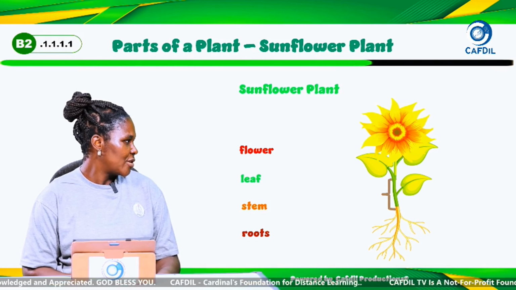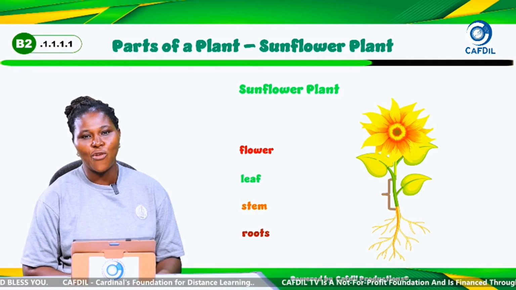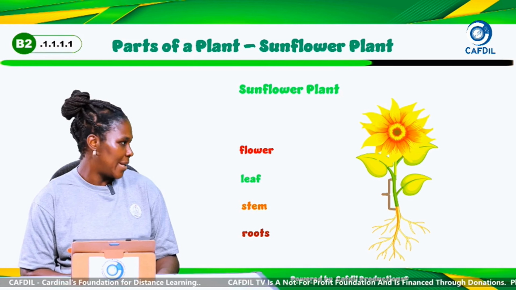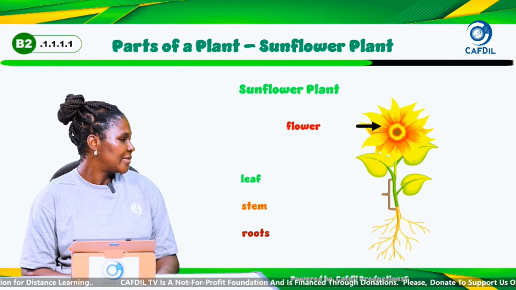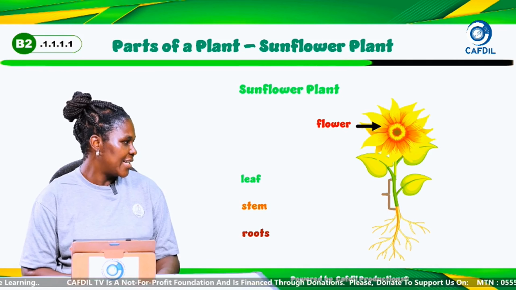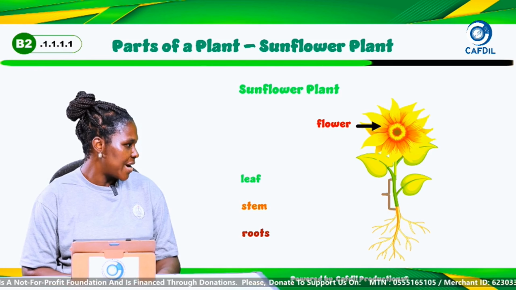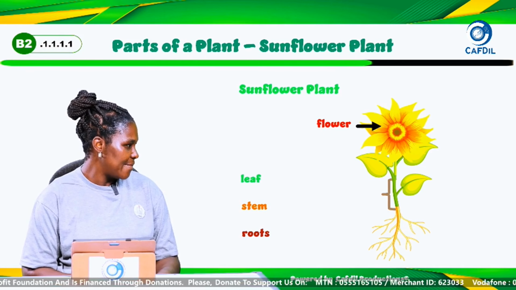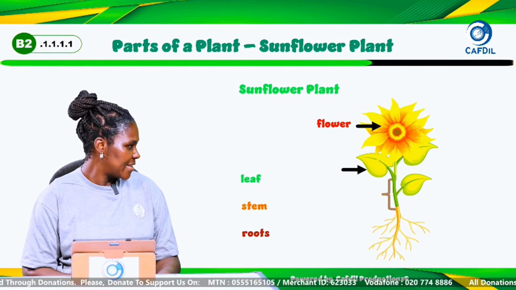Good. So sunflower plants. We are coming to look at the parts of the sunflower plant. Now, which one is the flower? Good. This is the flower. And the color of the flower is yellow. And we have some red lines in it. Good. We have the leaves or the leaf.